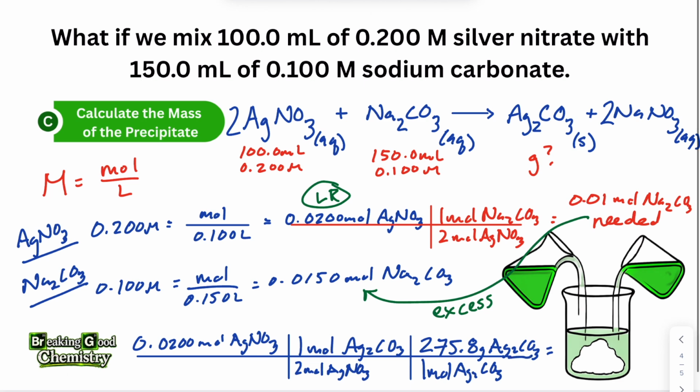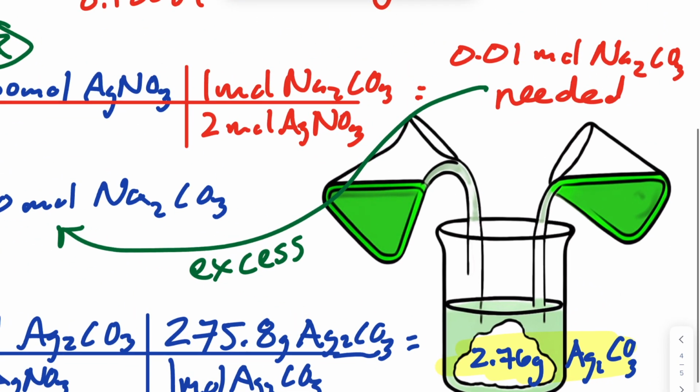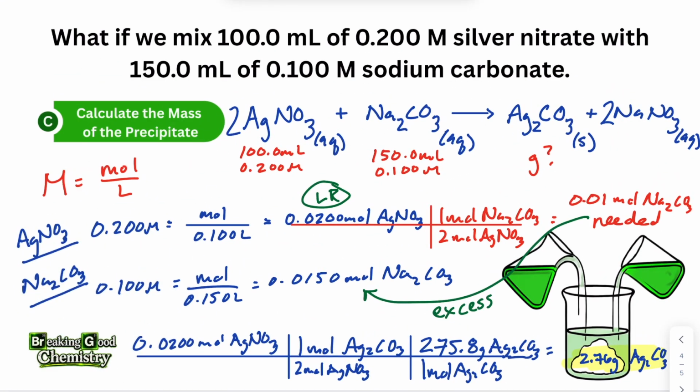Multiply that out, and the final number, and I will write it right in the actual precipitate, is 2.76 grams of Ag2CO3. That is the mass of the precipitate. Okay.